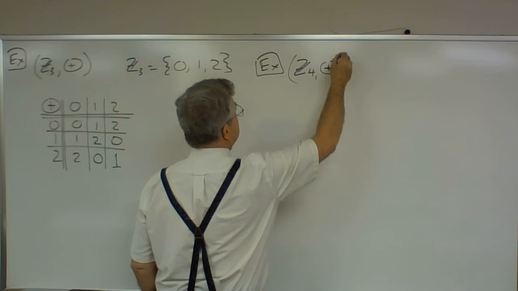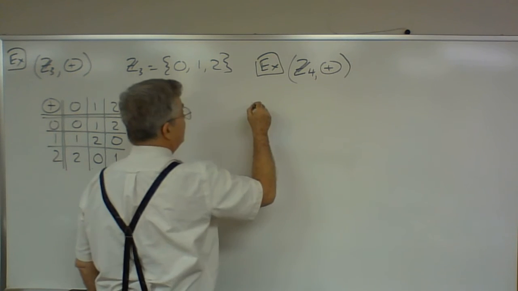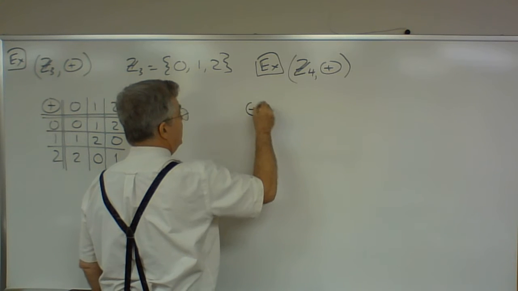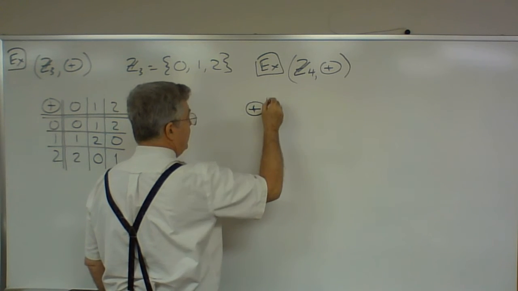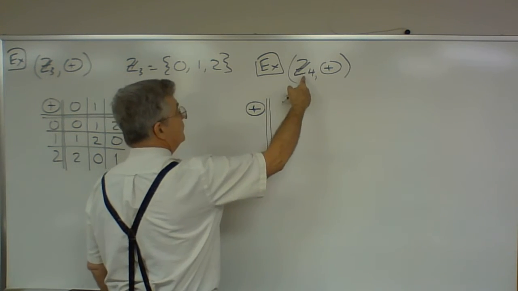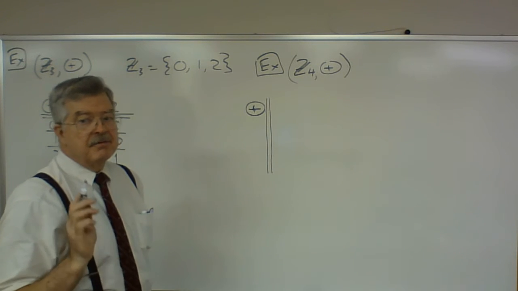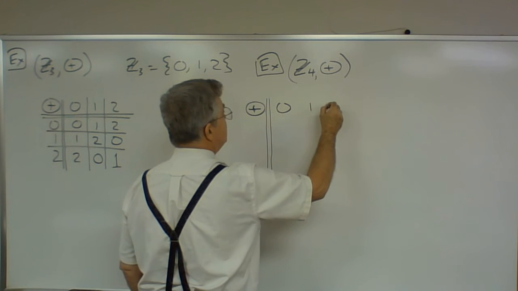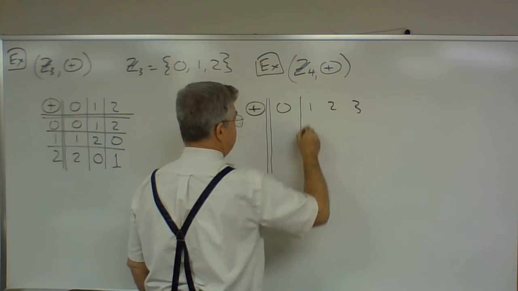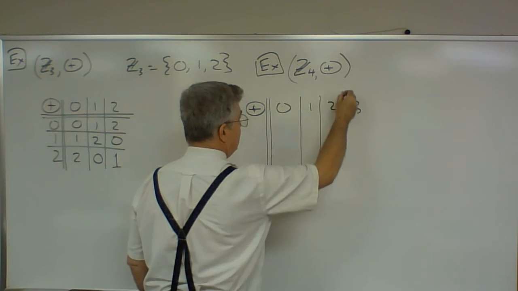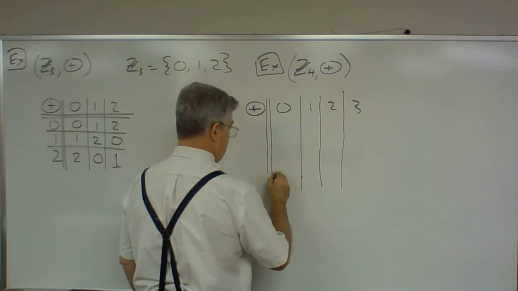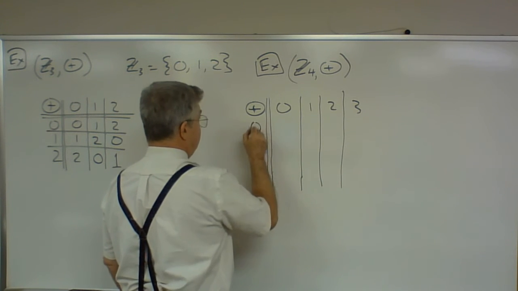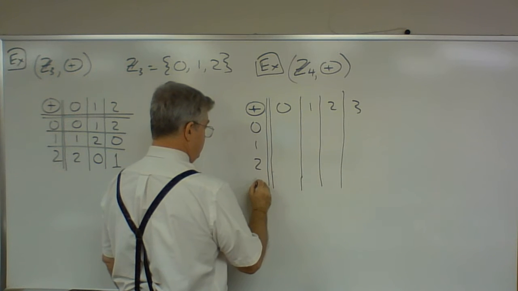The integers modulo 4 under addition modulo 4. And the elements of Z sub 4 are the remainders modulo 4: 0, 1, 2, 3.